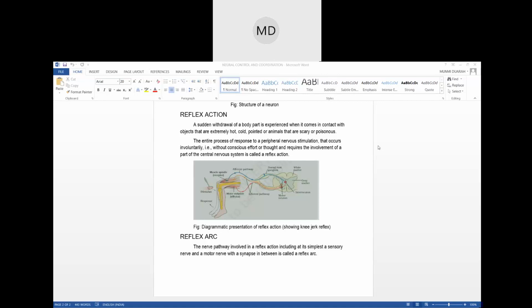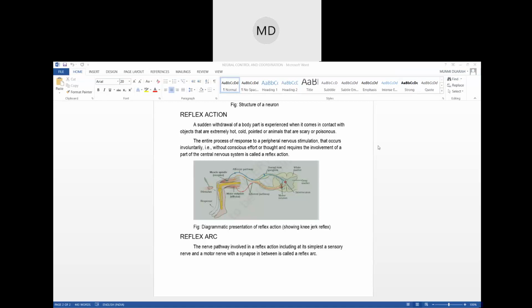So, what is a reflex arc? Reflex arc is the nerve pathway by which the reflex action takes place. Like, if you are touching something hot, the nerve endings at the end of your fingers will send signals to your brain, right?